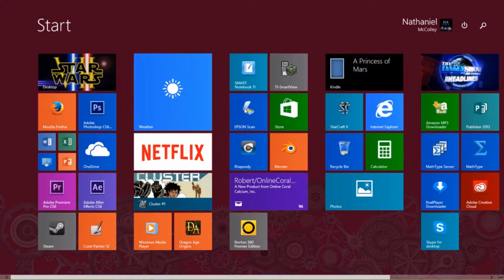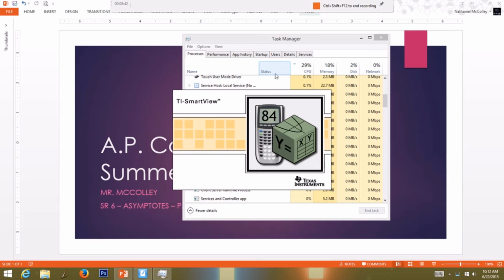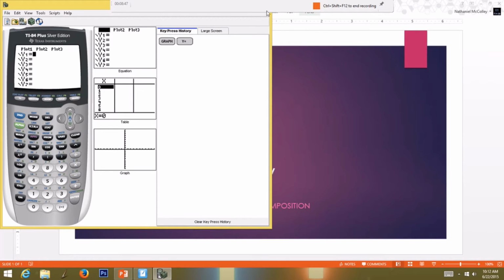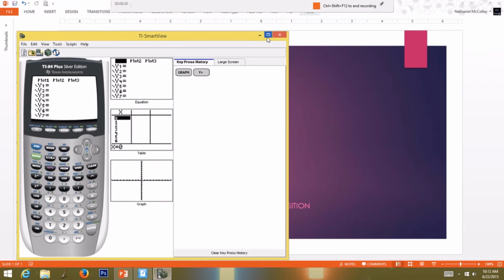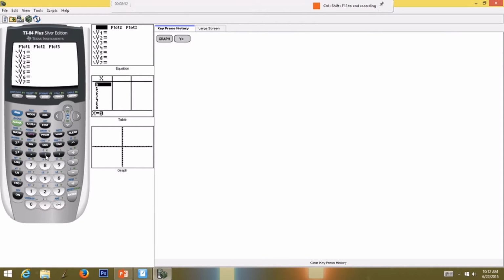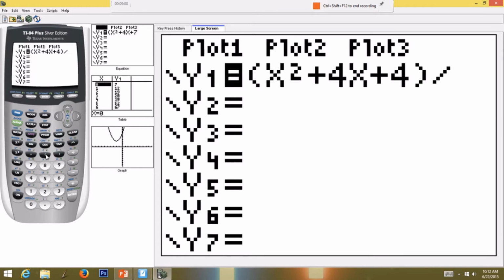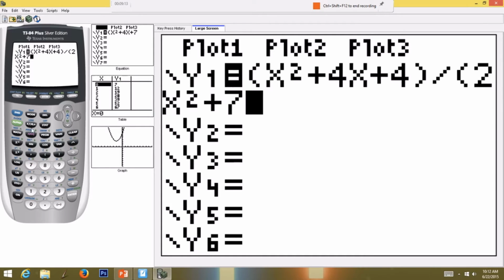All right, let's bring that back up. Close that. Y equals. All right, so let's see here. It was x squared plus 4x plus 4, not 7, divided by 2x squared plus 7x plus 3 on the bottom.